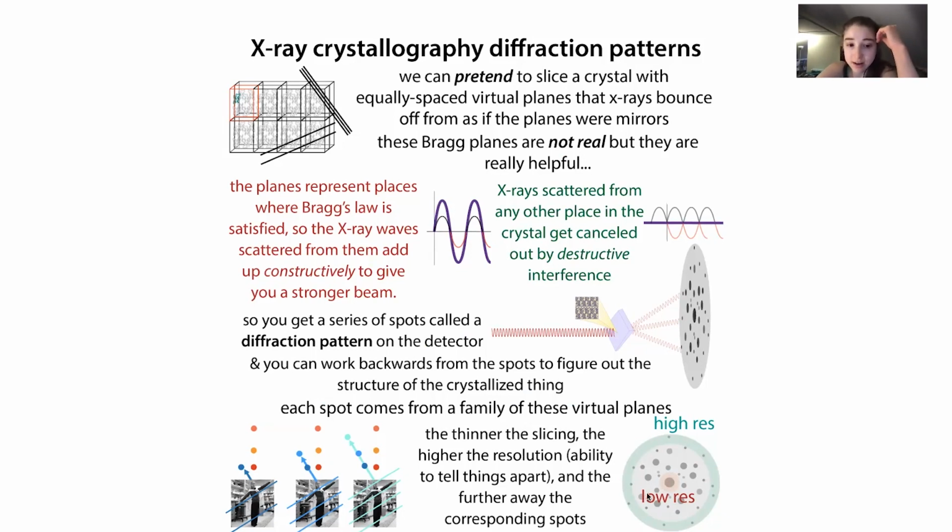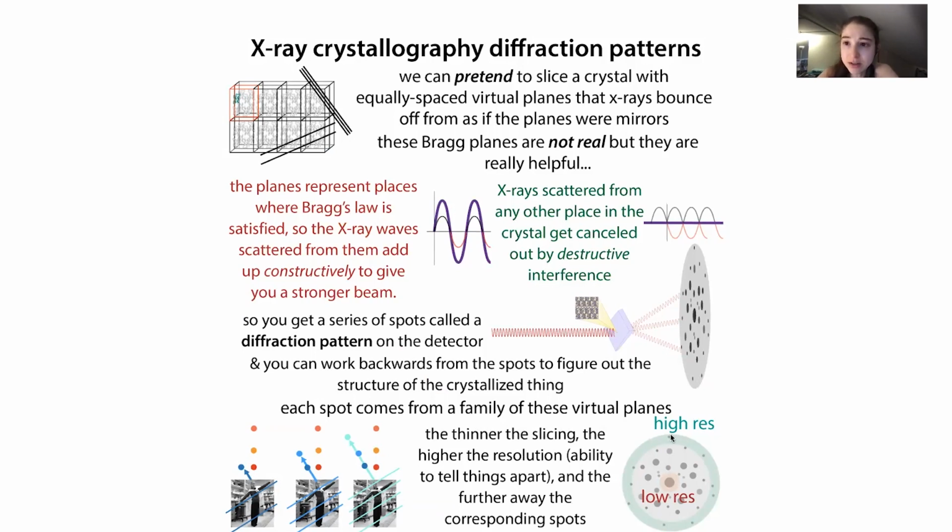That highest resolution data is going to be the farthest away in your diffraction pattern, out on the very edge, and it's going to be the weakest data. You get really strong data for the low resolution information, and this is really important, especially when you're trying to figure out your phasing and your space group and all of this various stuff.